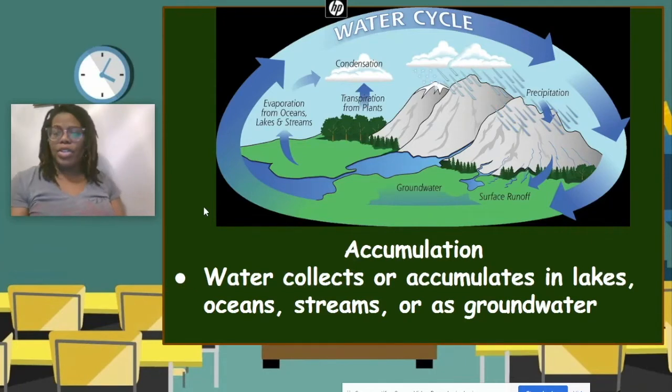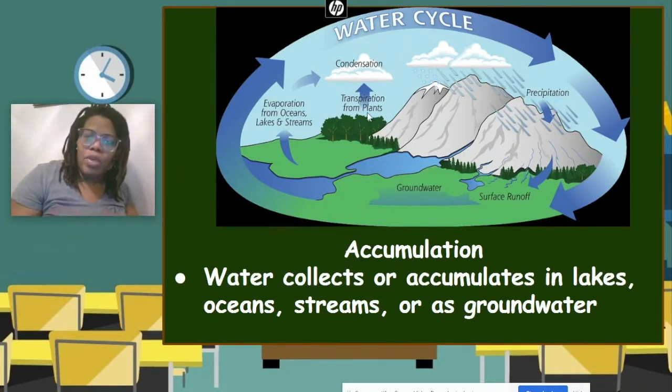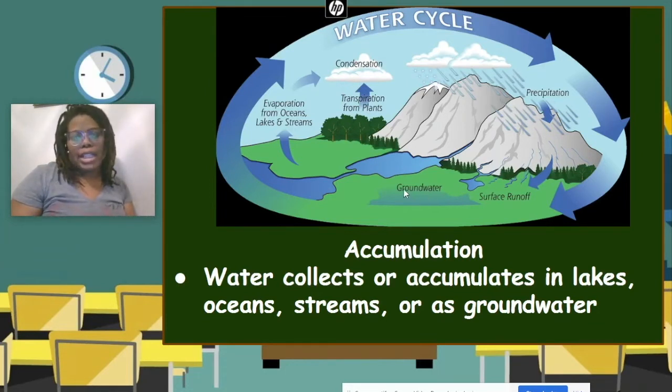All right. So once all that water falls from the sky, some of it rolls down mountains as runoff, some of it falls directly down. And that is when the water is going to collect or pool together. And we call that accumulation.